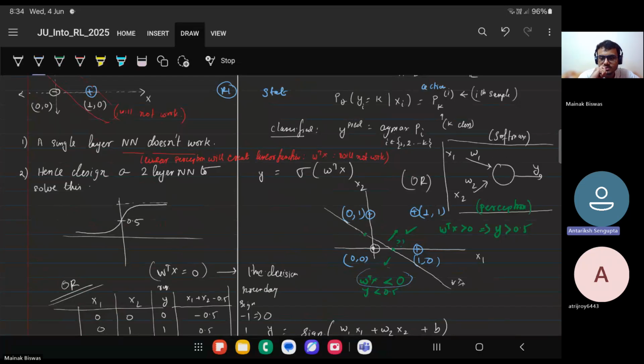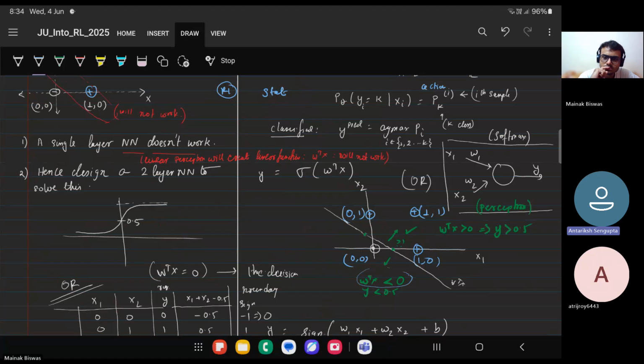So how does the effect of activating it work? Here also we were doing sign, but it's kind of contradicting to me that when we are using sign to tell whether it is in one class or the other, how does non-linearity get introduced when two layers get stacked up?